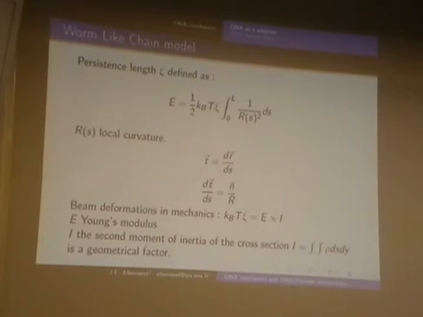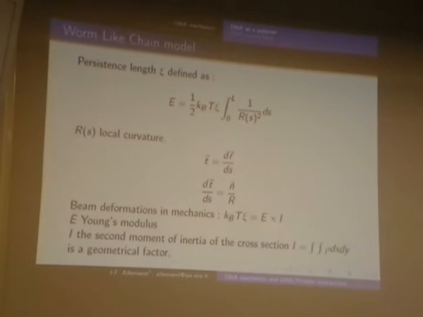Here you see that it will cost some energy to bend your polymer. And so it means that the distance over which you lose the correlation of orientation is related to the Young modulus of your material. The stiffer the material, the more difficult it will be to bend it. And so the longer will be the persistence length.